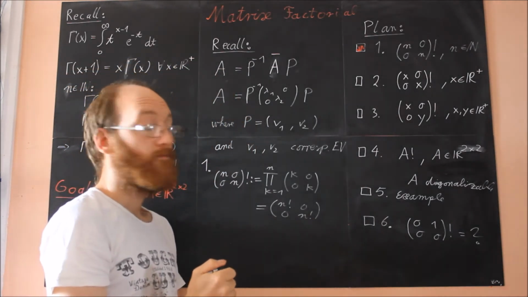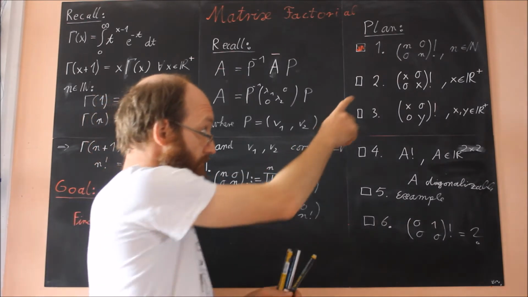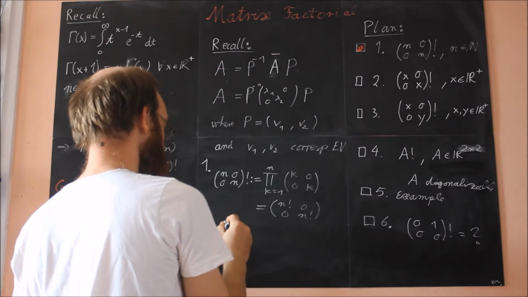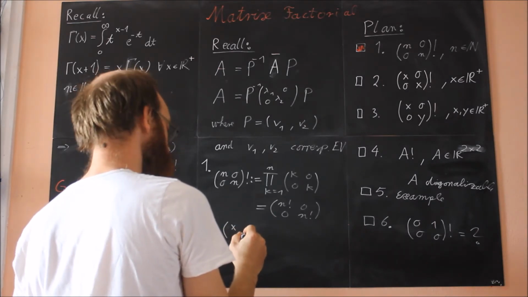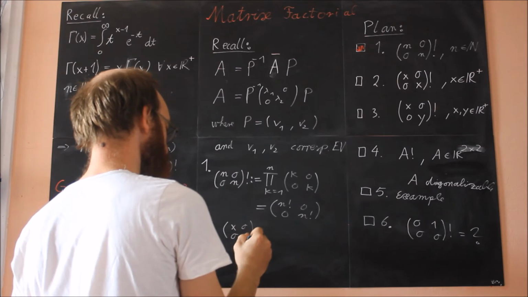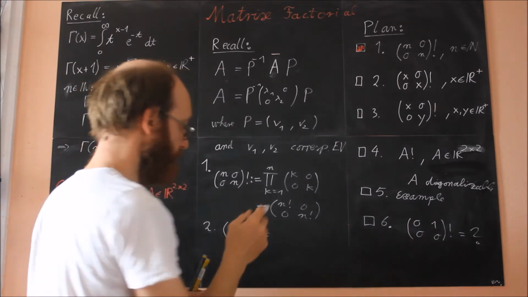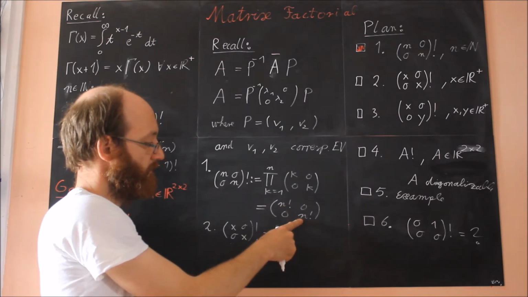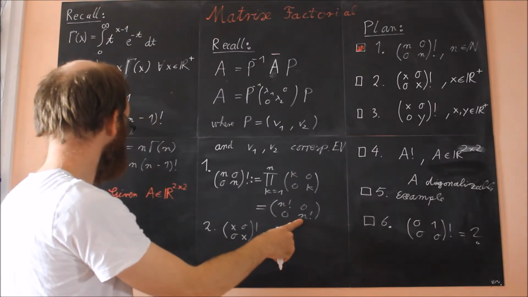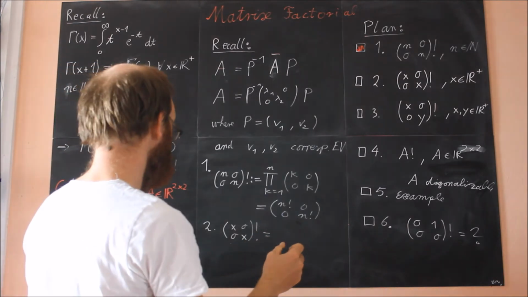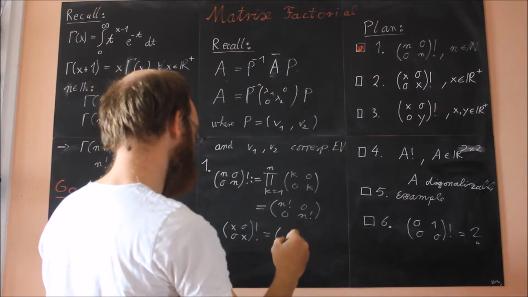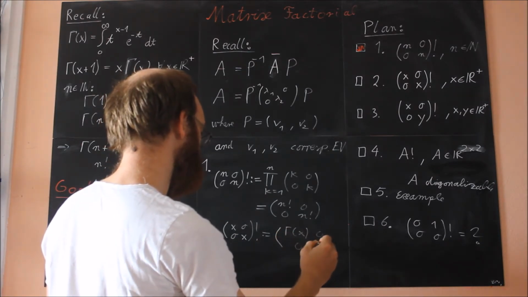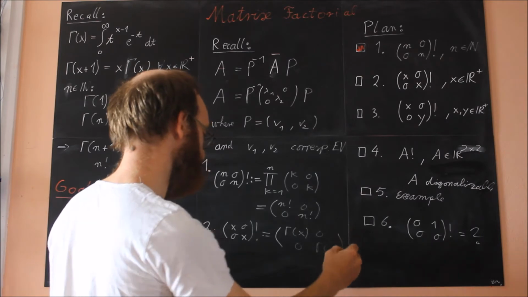And the second step: if we have real entries on the diagonal and we want this matrix factorial, it makes sense to define it in this way.